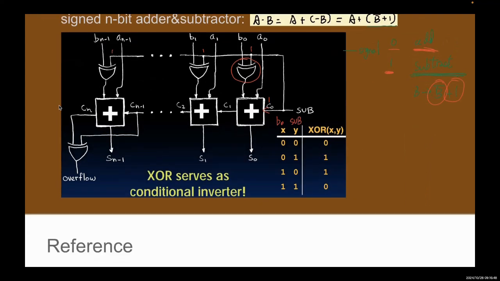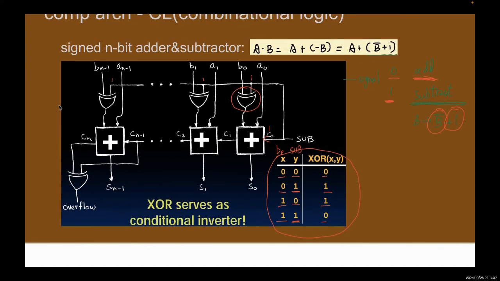You see when the sub signal is 0, then B stays the same. And when the sub signal is 1, then we flip B, right? So the XOR gate for both the sub signal and the B bit is just doing: if the sub signal is 0, then B stays the same; if the sub signal is 1, then we flip B. Is that clear? Okay.